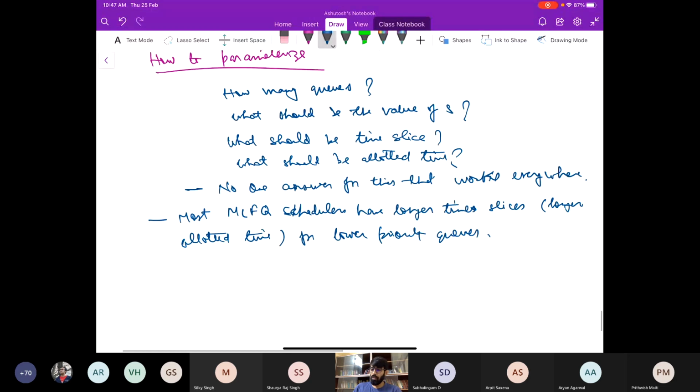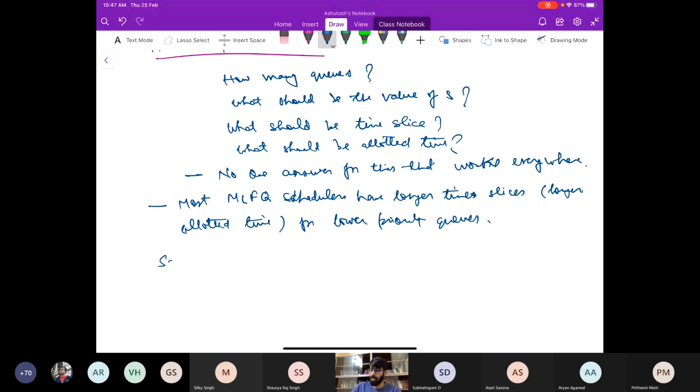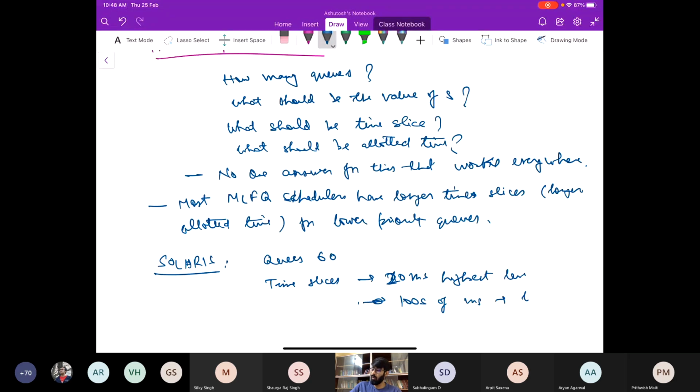For example, in the book they mention Solaris, which has 60 queues, and time slices are 20 milliseconds at the highest level, and hundreds of milliseconds at lower levels.